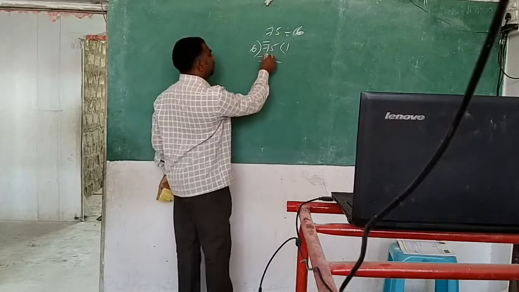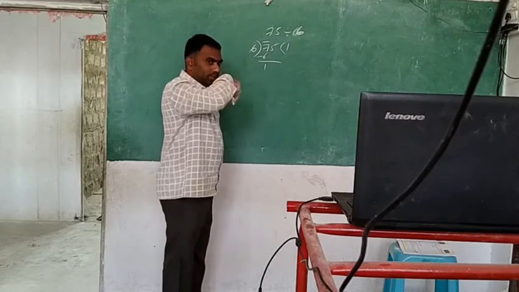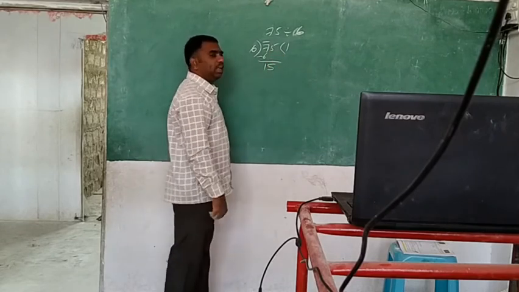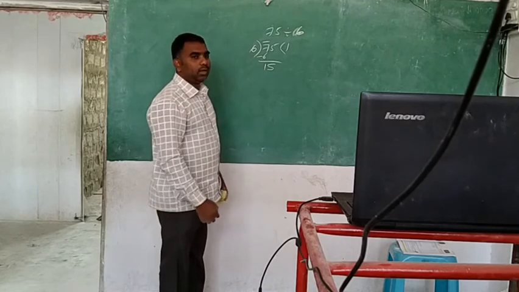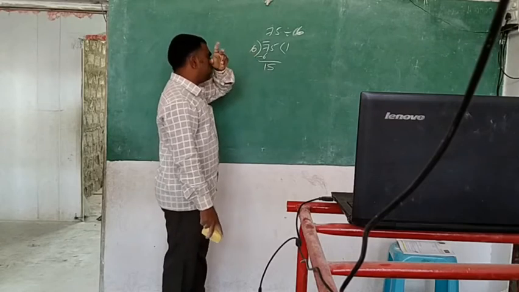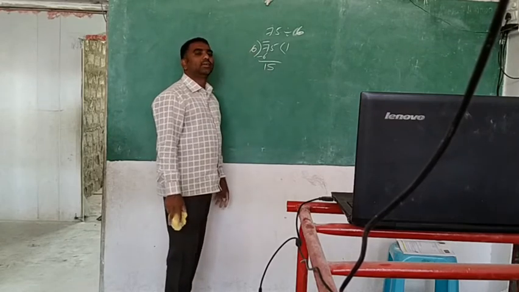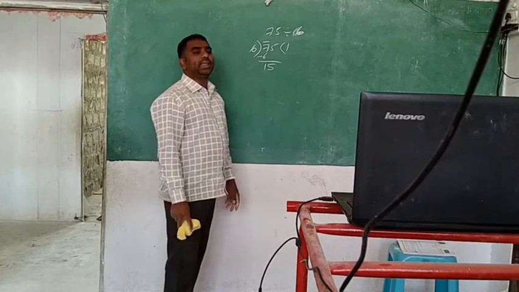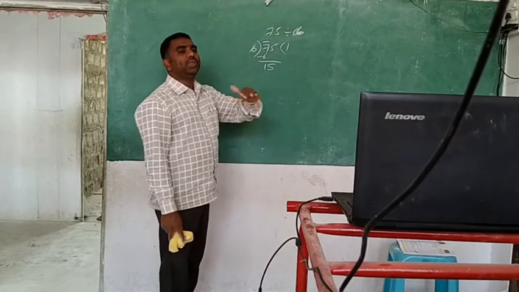7 minus 6 will be 1. Then we will take another number also here, that is 5, 15. Now it is 15. Does 15 come in the 6 table or not? 15 will not come directly. But you can take something less.